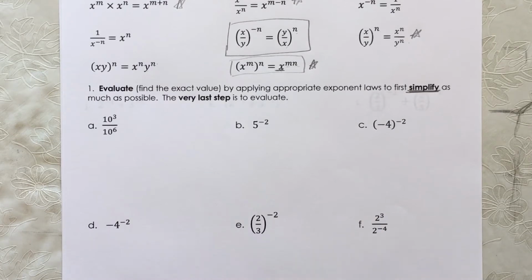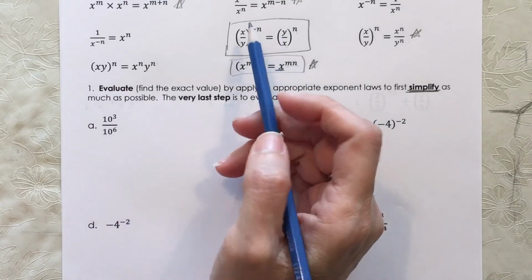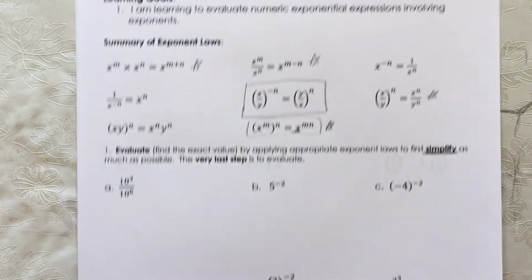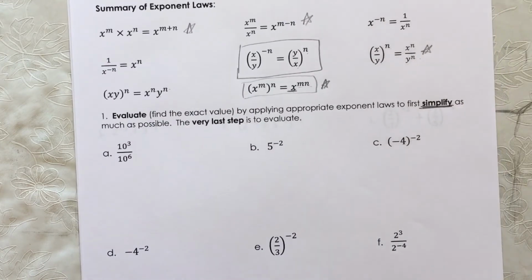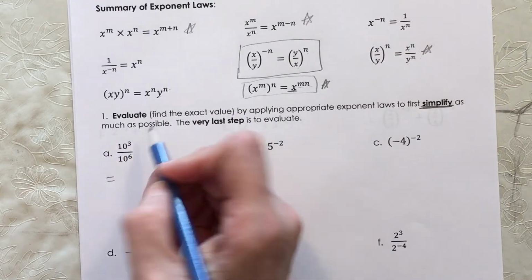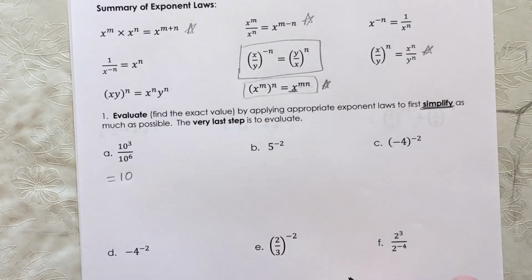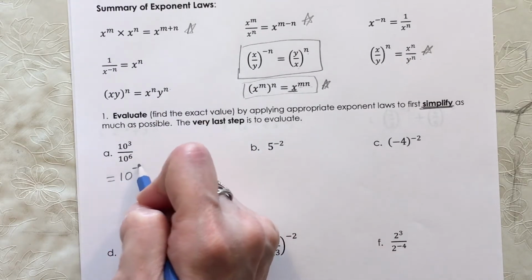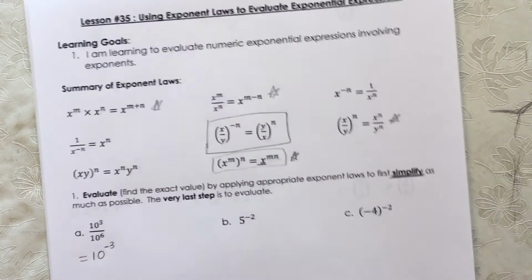So if you look at the first question here, 10 cubed divided by 10 to the 6th, you notice that, if I look back here, we're dividing powers that have the same base. So the rule is, so we're not doing this on our calculator, we're keeping the base 10 the same and subtracting the exponents. 3 minus 6 gives me -3. So there's one rule I've used, okay? But now I can use this rule.